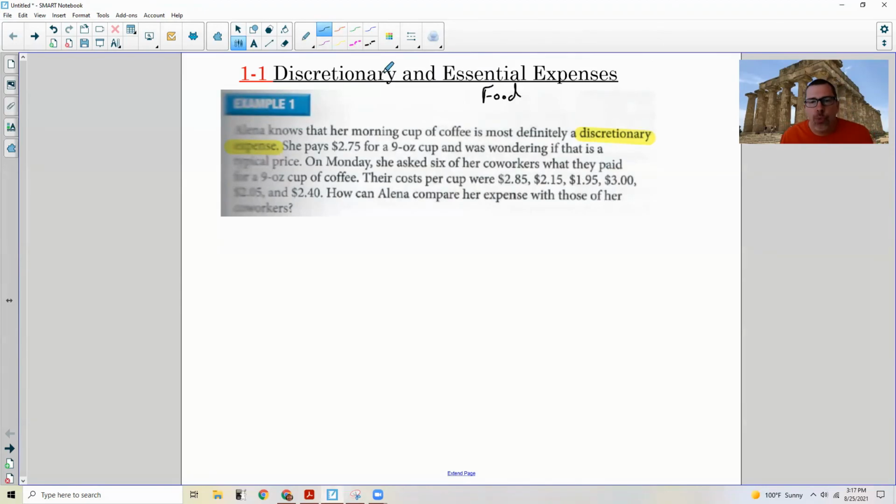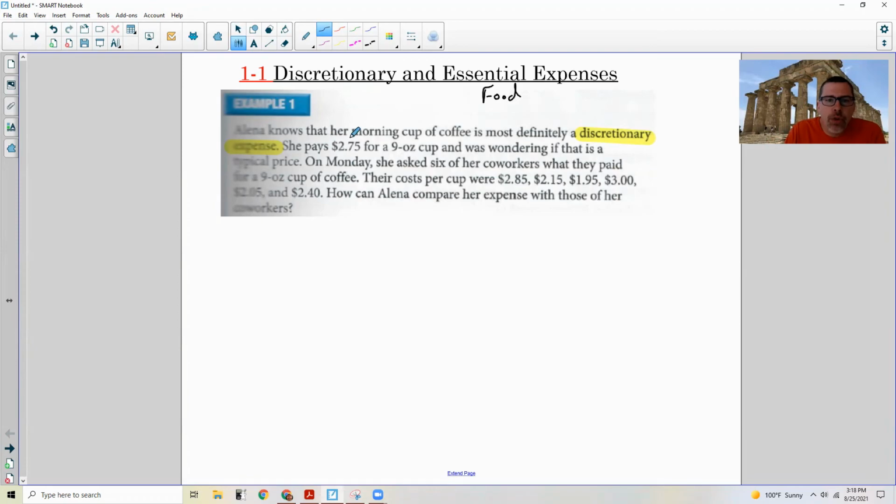It's something that you want, not need. Here's a good example. This device, an Oculus, okay? I didn't need this. I wanted it. So you have to decide whether or not you want to spend money on discretionary, but you really have no choice whether or not you're going to spend money on essential because it's essential. Okay, so let's carry on.